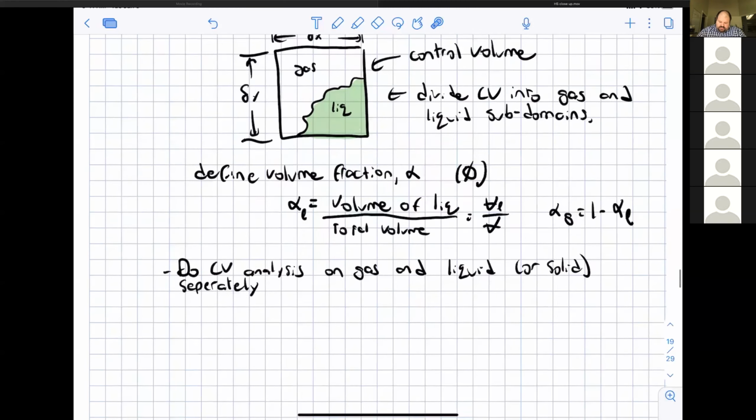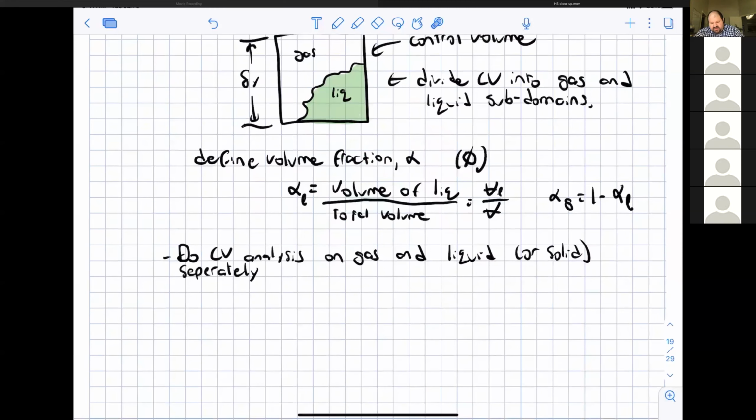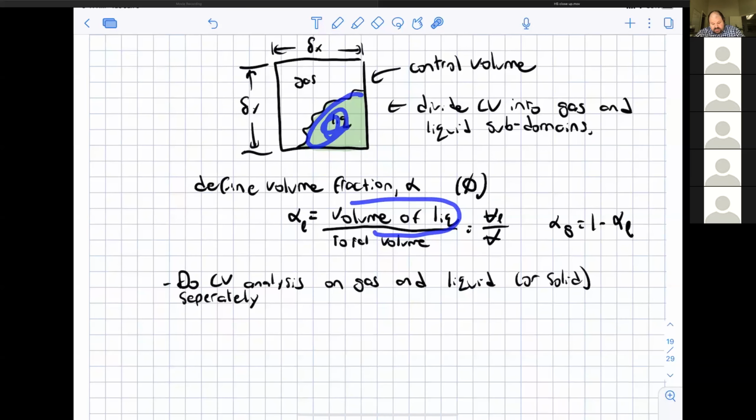Now the liquid volume fraction is just the volume of the liquid in this computational cell divided by the total volume of this computational cell. So it's just the volume of the liquid divided by the total volume, and that's how it's defined.